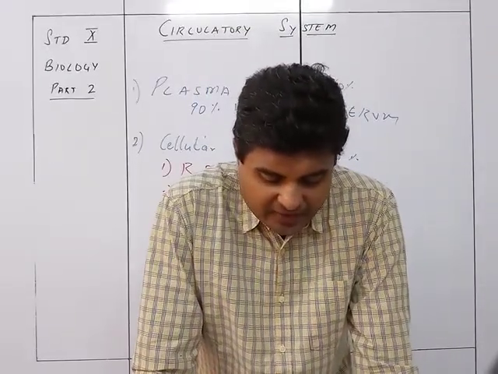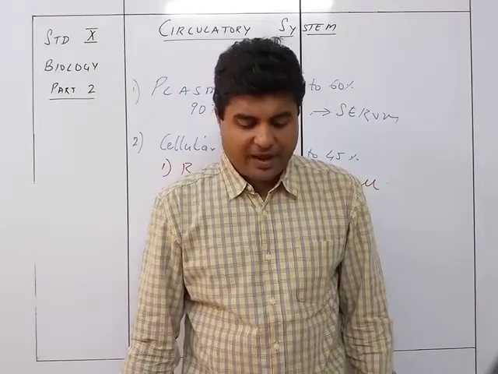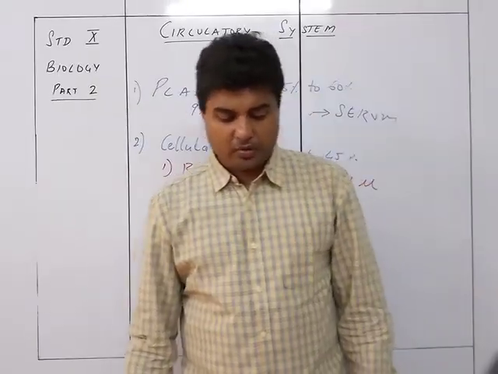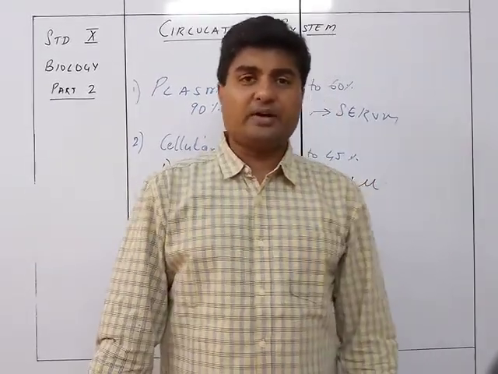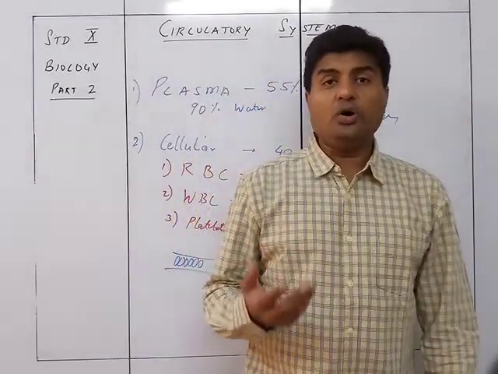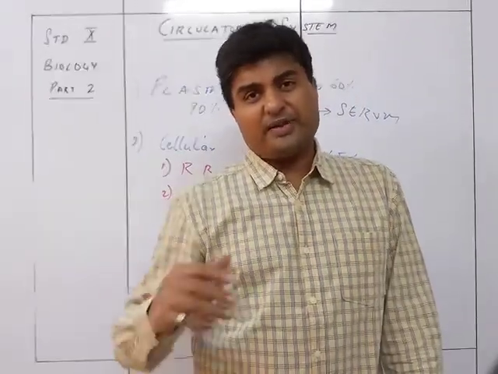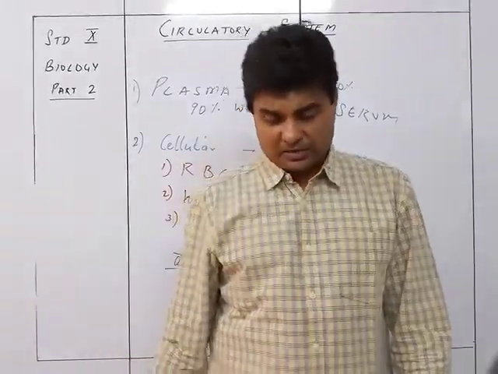Hemoglobin can carry a very small quantity of carbon dioxide in the form of carbaminohemoglobin. So apart from oxygen, it can also carry a certain amount of carbon dioxide, for the removal of carbon dioxide from the body to the lungs.